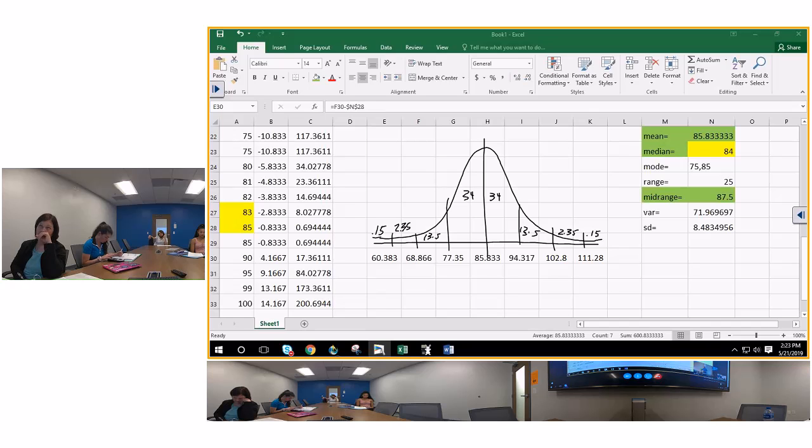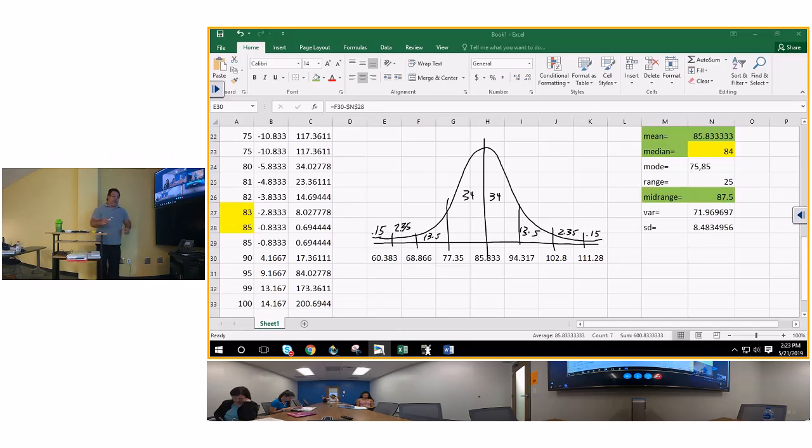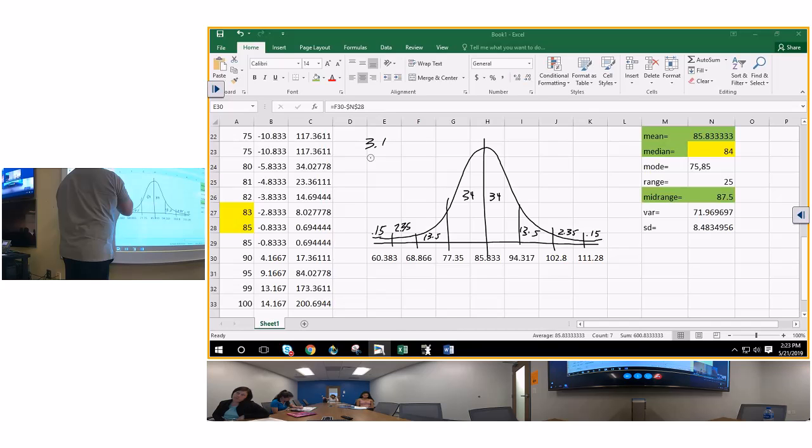Now, like I said, we've just done 3.1, 3.2, and 3.3. The homework in 3.1 is going to ask you for the mean, median, and the mode, or something like that. 3.2, they're going to ask for the range and the mid-range.